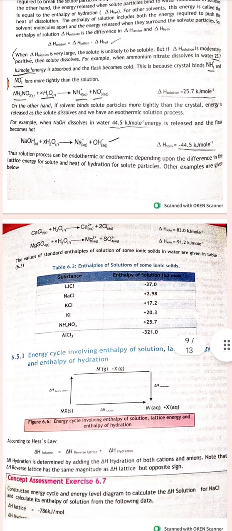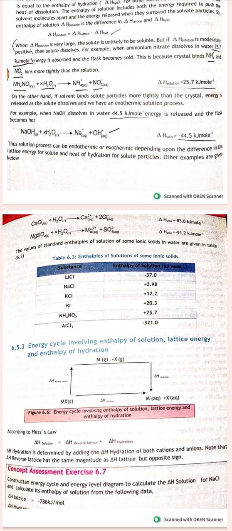On the other hand, if the solvent binds solute particles more tightly than the crystals, energy is released, and it's an exothermic process. For example, when NaOH dissolves in water, 44 kilojoules per mole of energy is released and the flask becomes hot.